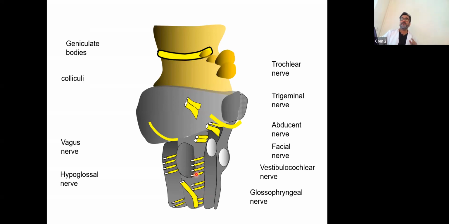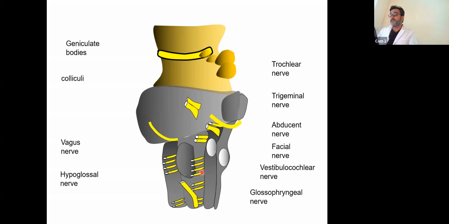The vagus nerve is going to supply muscles of the pharynx and larynx, and then the smooth muscles of the GI tract up to the right two-thirds of the transverse colon, and it also supplies parasympathetic supply to the heart. The 11th cranial nerve, the spinal accessory, has a spinal part which supplies the trapezius and sternocleidomastoid.